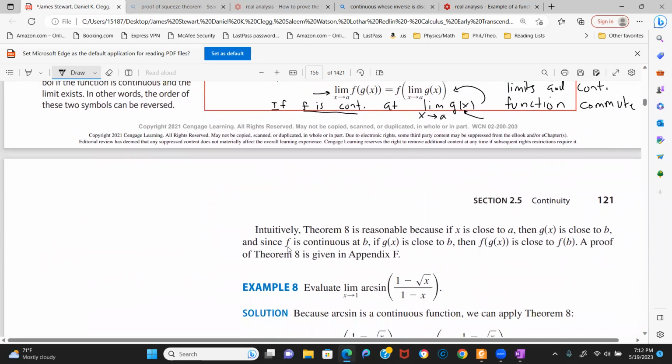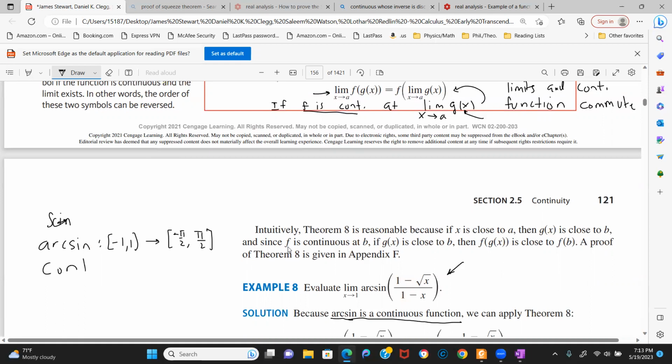So here's an example right here. Arcsine, or sine inverse, is a continuous function everywhere on its domain. It's a continuous function from negative 1 to 1 to, I guess, negative pi over 2 to pi over 2, if I remember correctly.